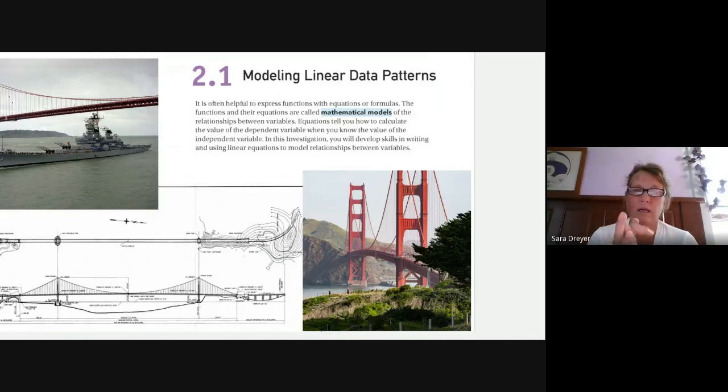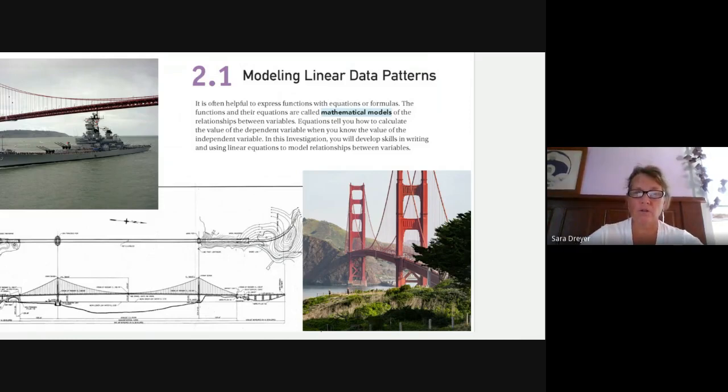Okay, so we've been working on bridge breaking weights. We've been working on variables and equations and figuring out how to write equations or formulas. So now we're going to dive a little deeper into those things. Here's where they all come together. It's often helpful to express functions with equations or formulas.